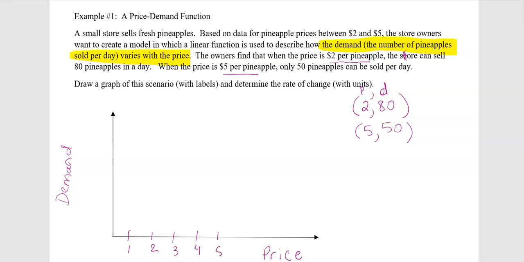So I'm just going to scale by $1 on the price per pineapple, or I'm sorry, the price of the pineapples. And then I need to go up beyond the 80, so maybe I count by tens here. So 10, 20, 30. This is number of pineapples sold per day. 40, 50, 60.